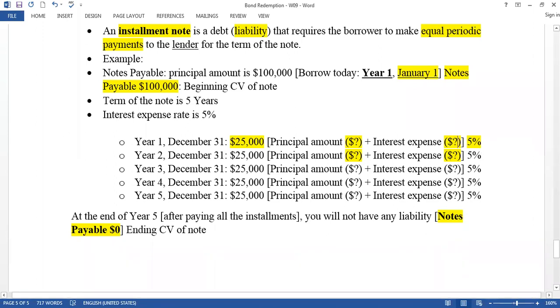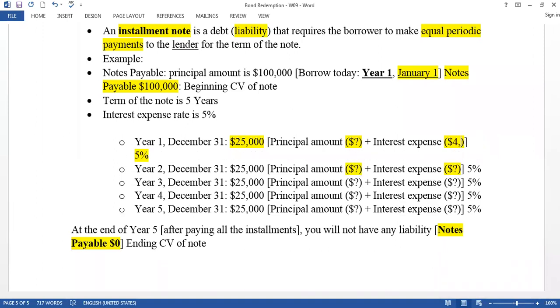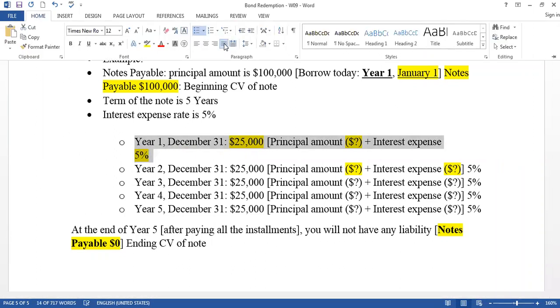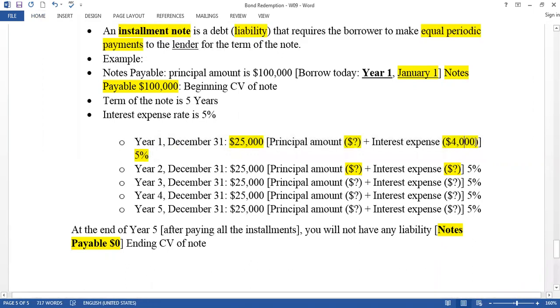For example, we calculate the interest expense. For example, a random number, okay? It is $4,000, for example. Just a random number I put. We calculate $4,000 as the interest expense. If $4,000 is the interest expense, then what is the principal amount here? $21,000, right?